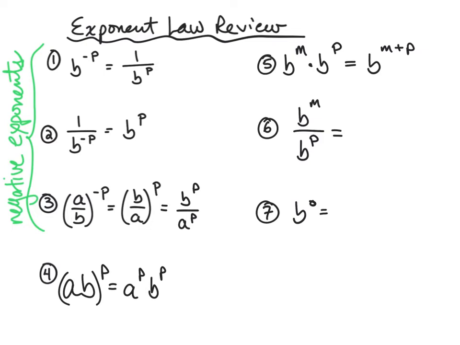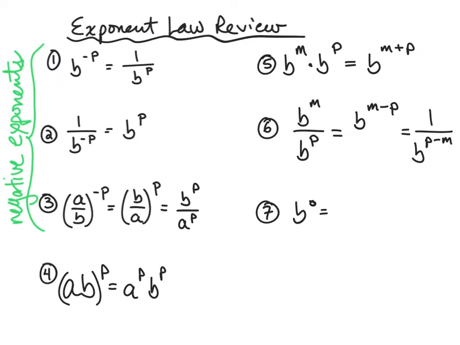And if you're dividing, like here, you can either write it as b to the m minus p, top minus bottom, or you can even write it like this, 1 over base b to the p minus m. And this expression is a little bit different because the m comes first, and down here the p comes first. And these are all exactly the same.